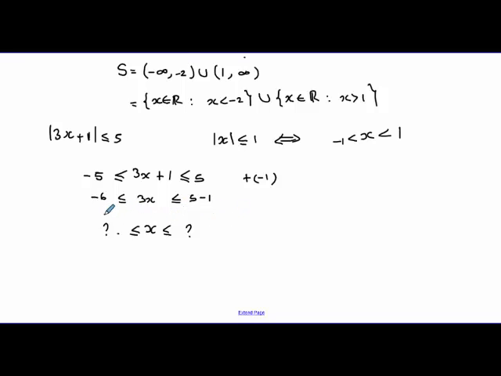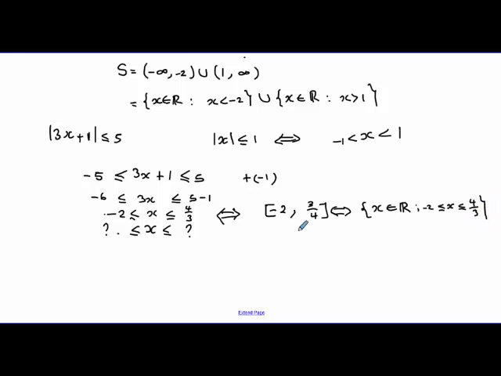And then simplifying this, dividing both sides by 3, we'll get -2 less or equal to x less or equal to 4 over 3. And then we've got that interval there, which we can represent simply as a closed interval from -2 to 4 over 3, which is also equivalent to talking about a set of real numbers x such that x is greater than or equal to -2 and less or equal to 4 over 3.